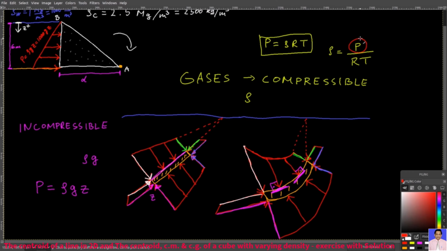As you can see, it would change significantly with pressure. That's why this law here, Pascal's law, cannot be used for gases. So in this fluid pressure part, we will deal with incompressible fluids, mainly water.